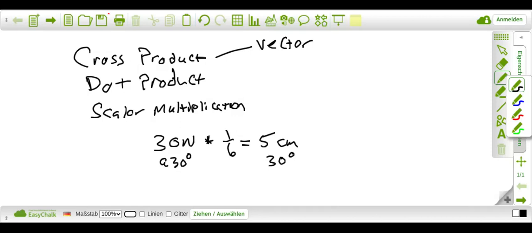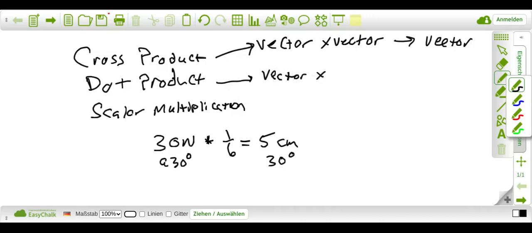So we take the cross product, we multiply a vector times a vector, and we end up with a vector answer. And then there's the dot product, where we take a vector times a vector and we get a scalar answer. Depending on the mathematical operation and what it is that we're multiplying, we could use either the cross or the dot.